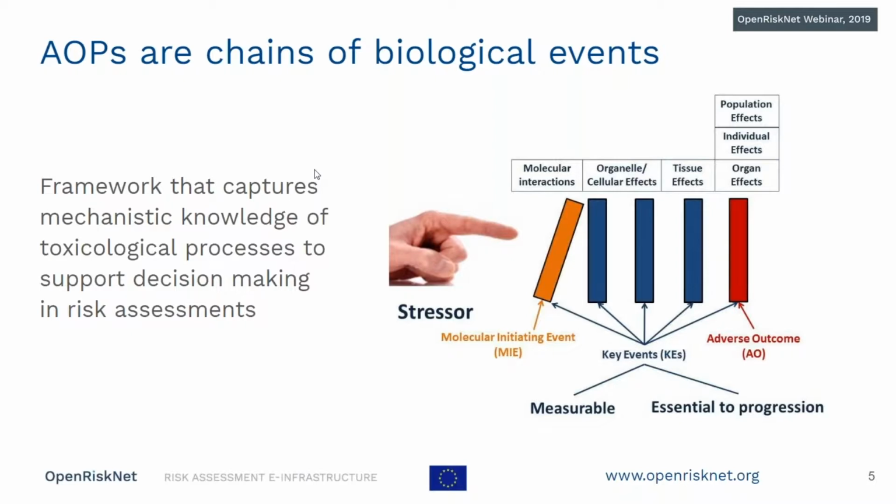All of these events are measurable and essential for progression and cover all levels of biology, in which they start with the molecular interaction at the molecular level, and through cellular responses, tissue responses, and organ responses lead to the adverse outcome.